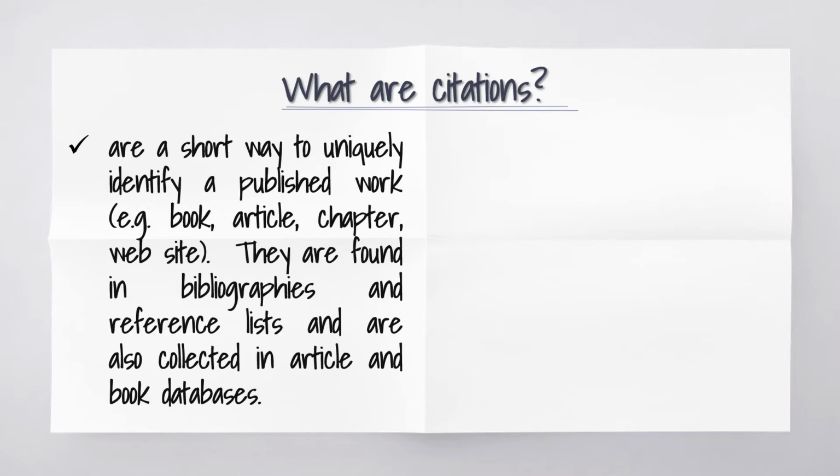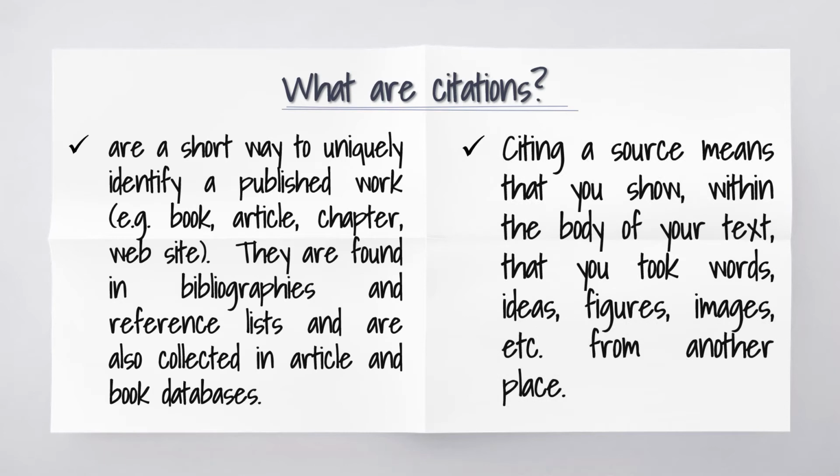They are found in bibliographies and reference lists and are also collected in article and book databases. Also, citing a source means that you show within the body of your text that you took words, ideas, figures, images, etc. from another place or from other references.